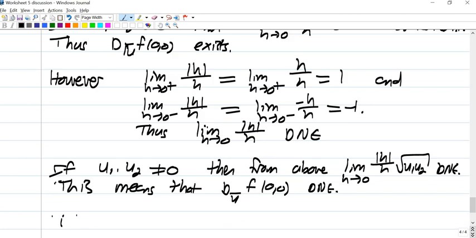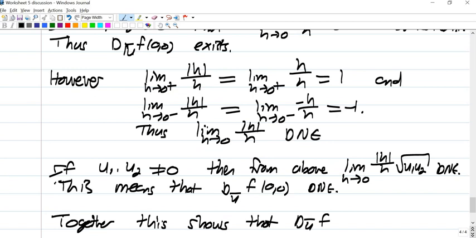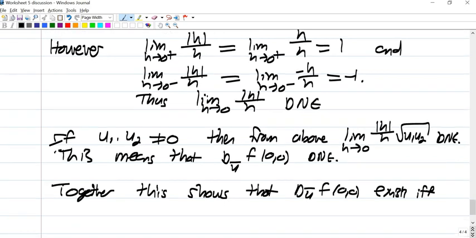Together, this shows that the directional derivative of f at 0 exists if and only if u1 times u2 is equal to 0.